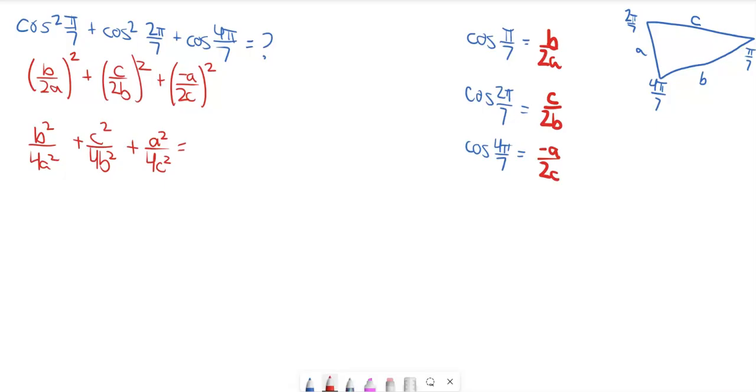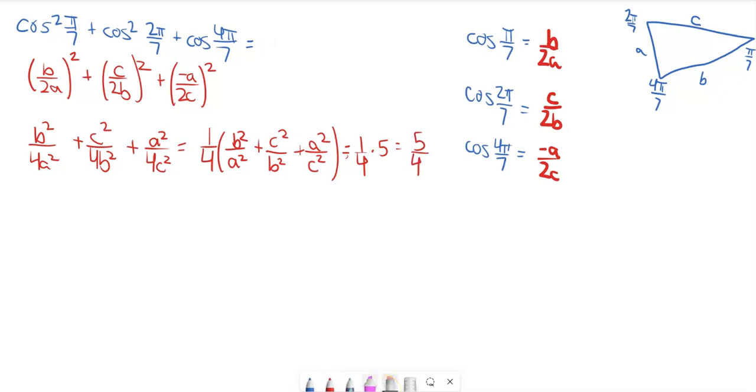Now you'll notice that we have 4's in the denominator. We can factor out the fraction 1/4, and we'll get b squared over a squared plus c squared over b squared plus a squared over c squared. And if you remember from prior videos, those squared ratios worked out to be positive 5. So we're going to get 1/4 times positive 5, so we're going to get 5 over 4.